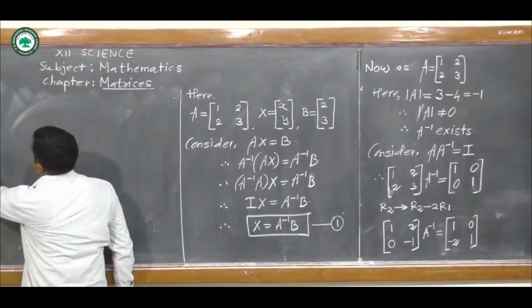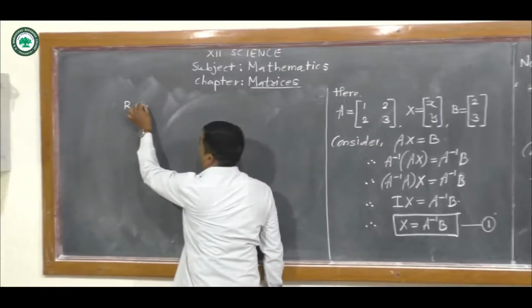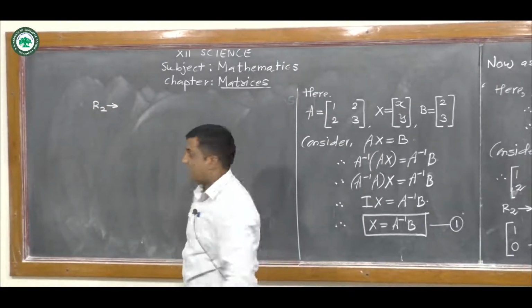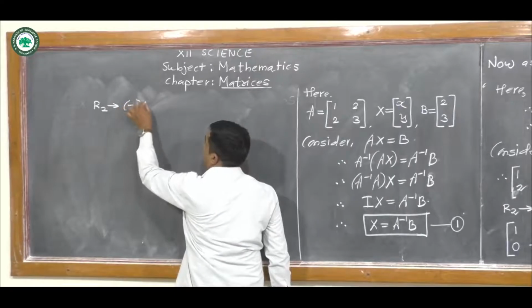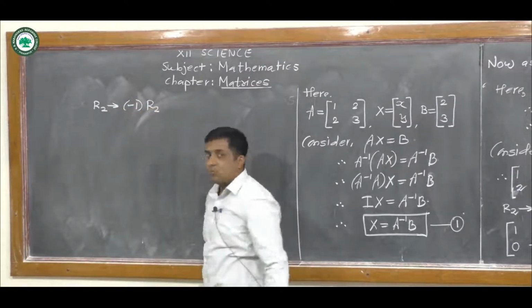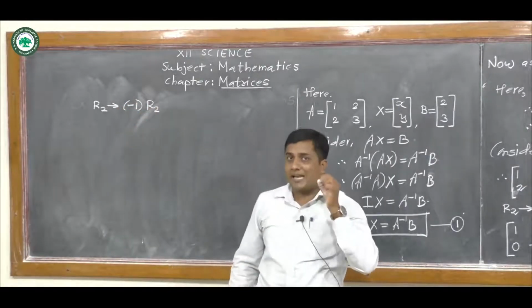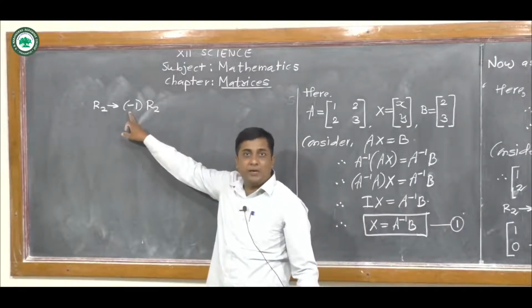Here I write the transformation is on row second and transformation is minus 1 into row second, that is we multiply each element of second row by minus 1.